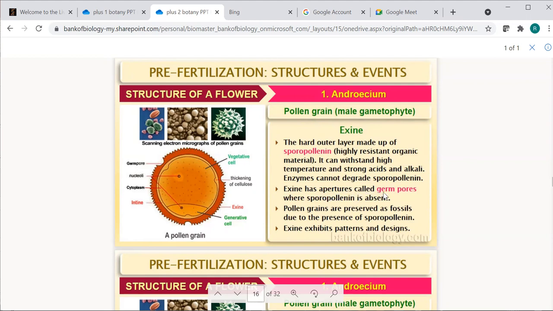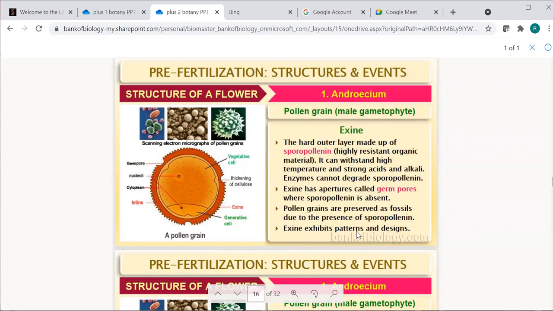Exine has a feature called germ pore. This is like a thorn-like structure, and there are some groove-shaped or U-shaped apertures, which are germ pores, which are free from sporopollenin. So pollen grains are preserved as fossils due to the presence of sporopollenin.